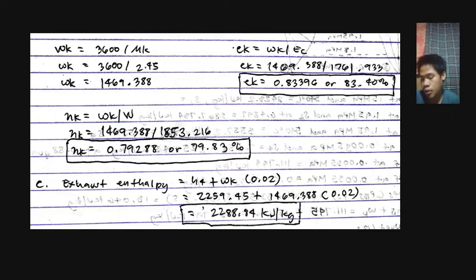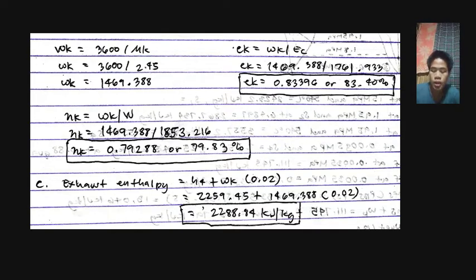Next, NK equals WK over W or work. By substituting it, NK equals 1469.388 over 1853.216.